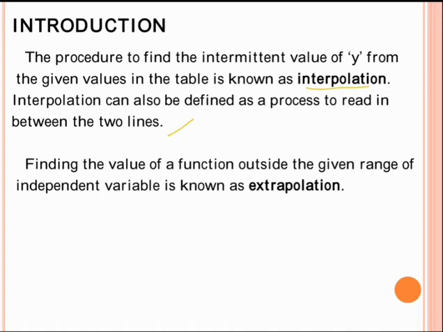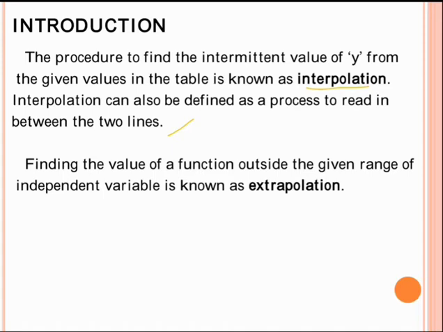Okay, if we want to find the value from the starting of the table, then we use forward interpolation formula. If we want to find the value from the ending of the table, then we use backward formula. And if we want to find from the middle of the table, then we use central difference formula.